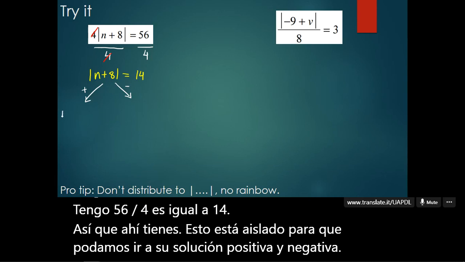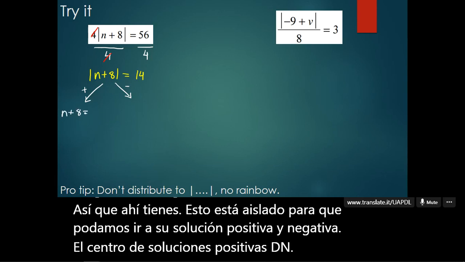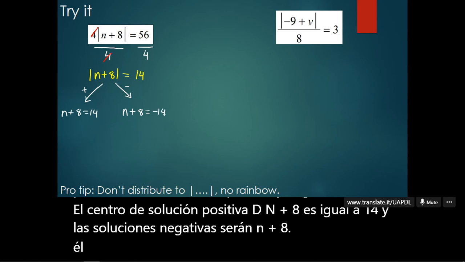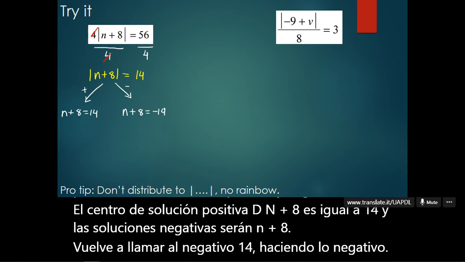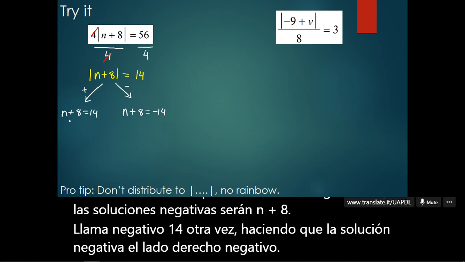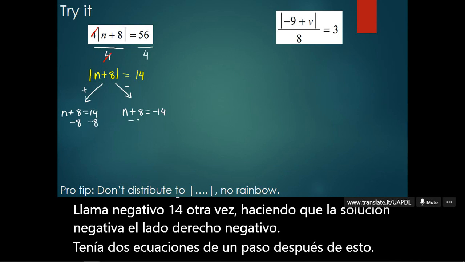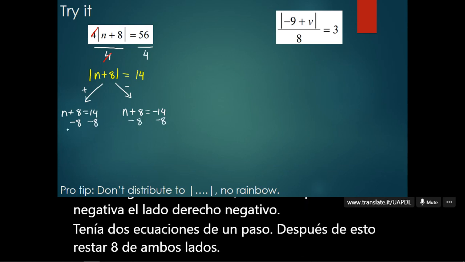The positive solution is going to be n plus 8 is equal to 14. And the negative solution is going to be n plus 8 equals negative 14. Again, making the right-hand side negative for the negative solution. Two one-step equations after this. Subtract 8 on both sides everywhere.